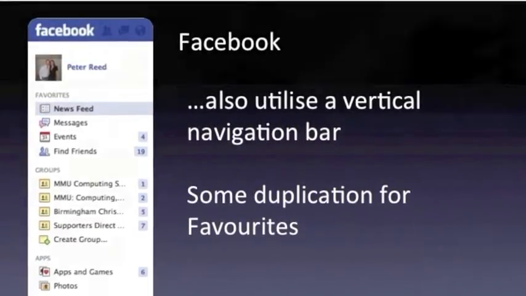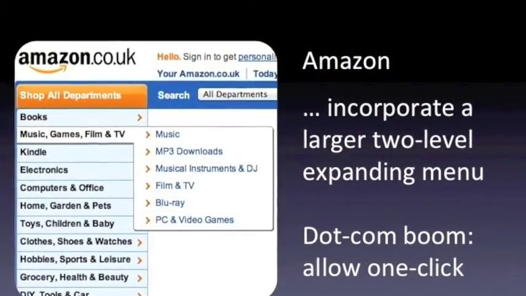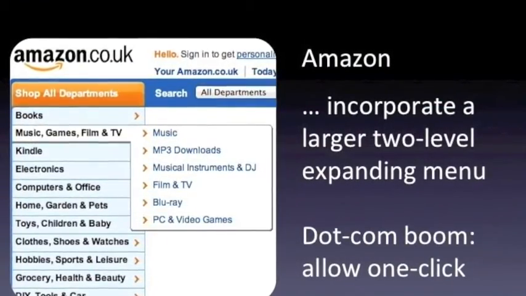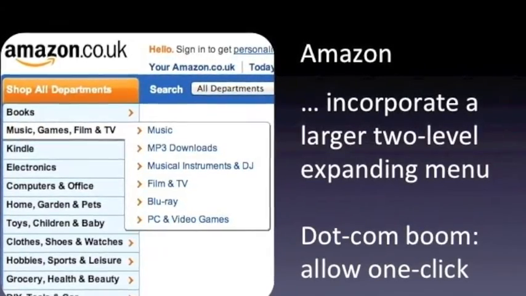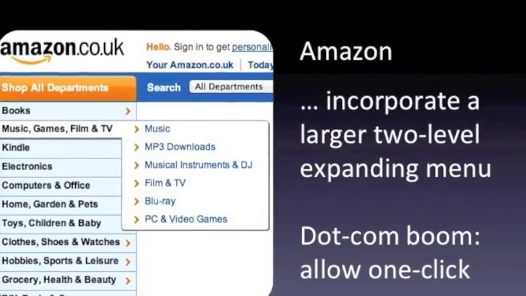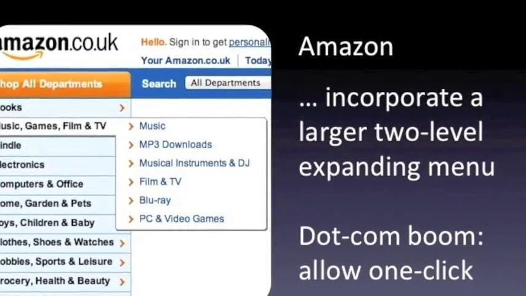Now, Amazon, obviously one of the biggest shop and retail sites on the internet, they incorporate quite a larger two-level navigation menu. It's expanding. So, for example, if you hover over the menu item about music, games, film, and TV, then you get a sub-menu that pops out like a drop-down menu essentially, with further information.